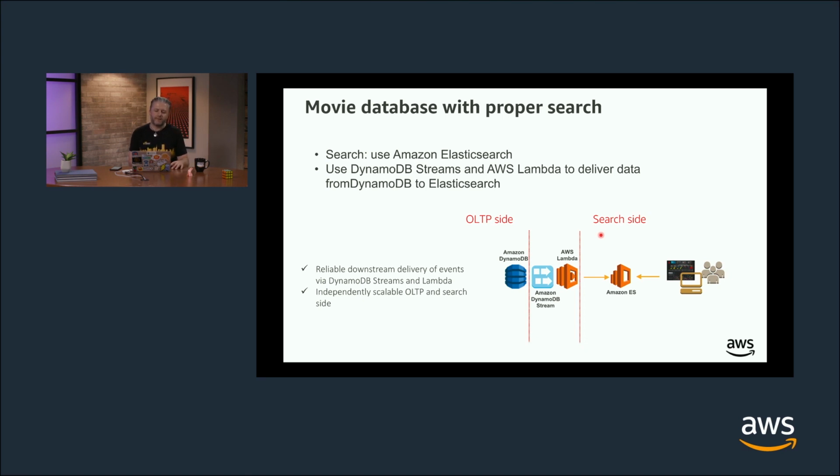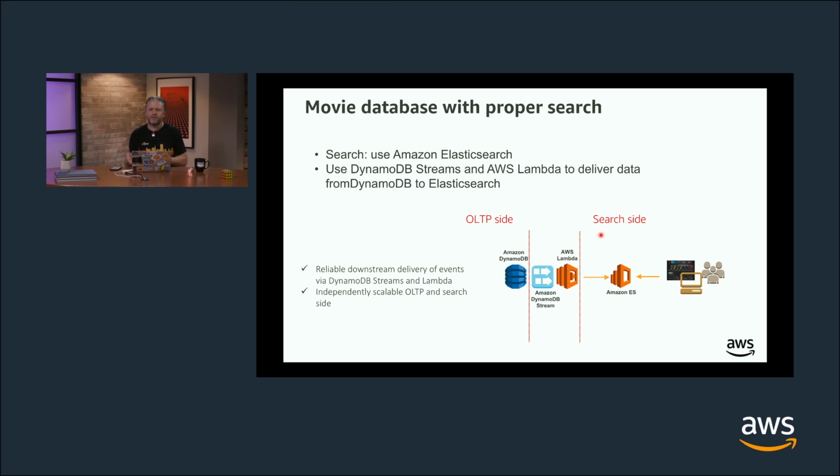And for search, we can enable DynamoDB streams and use a Lambda function, which integrates really well with DynamoDB streams, to get all those changes from your DynamoDB movie table and then write them to Elasticsearch.